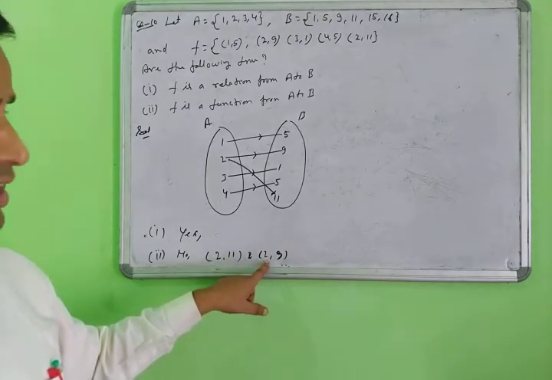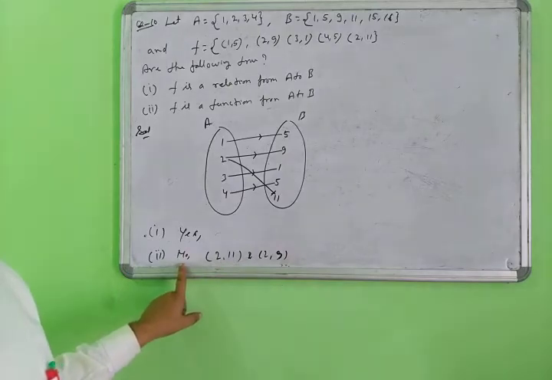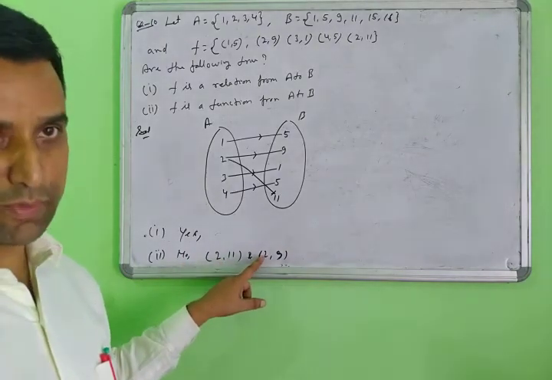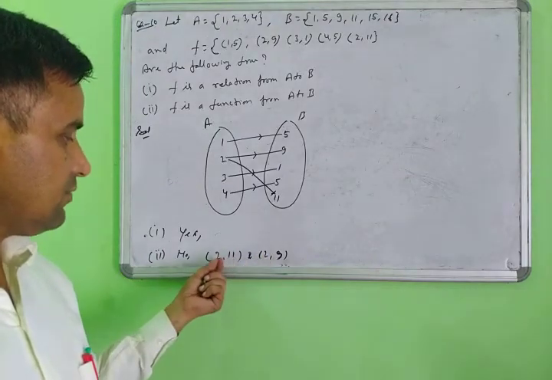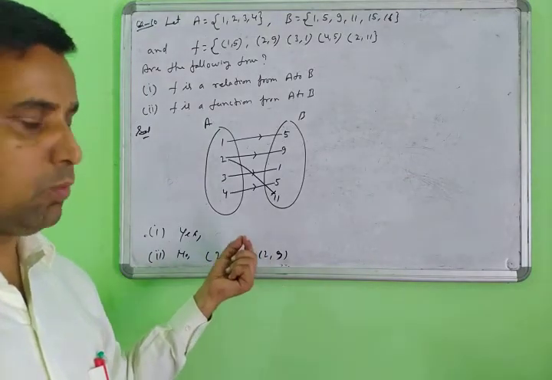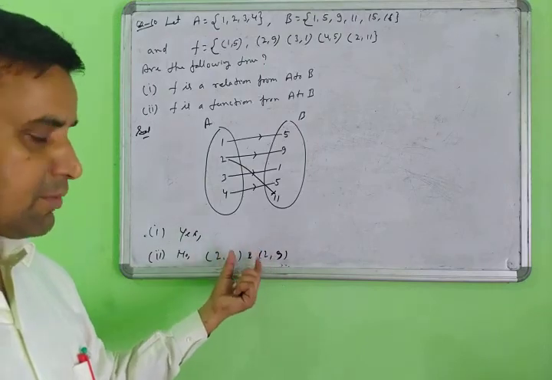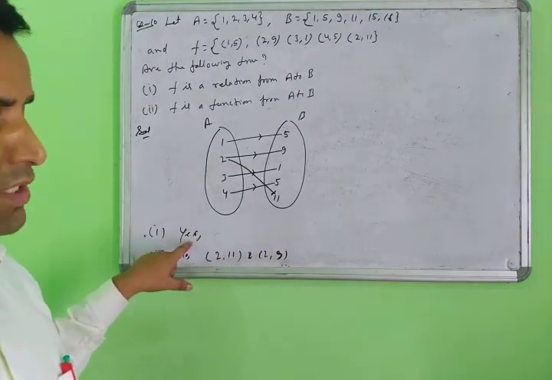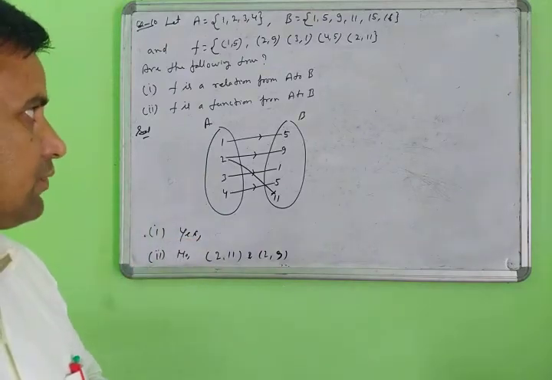Then you can say that this is not a function. In short, if the first element is the same in two ordered pairs, then it is not a function. So this is only a relation. Yes, note down. Then next.